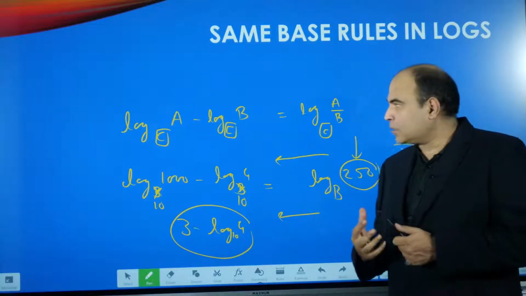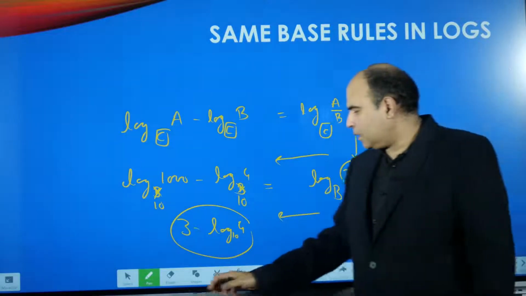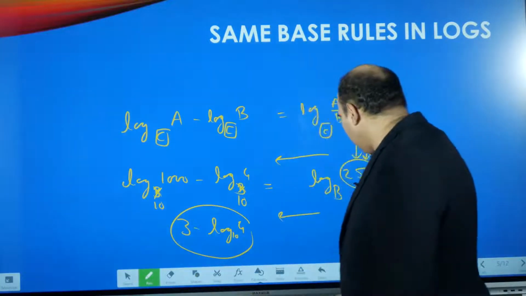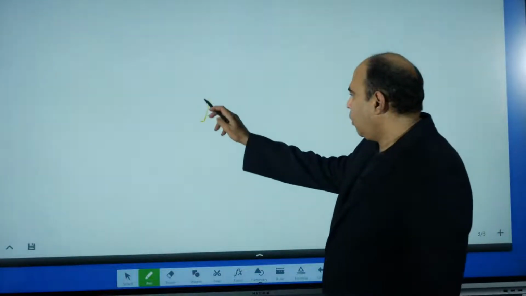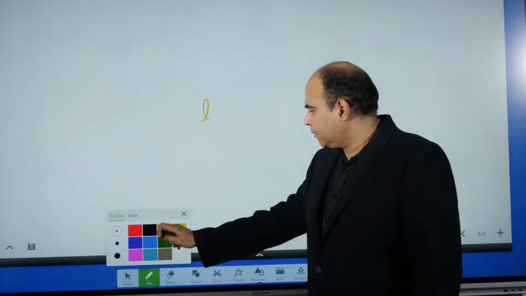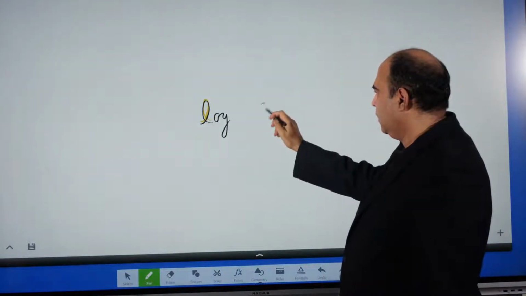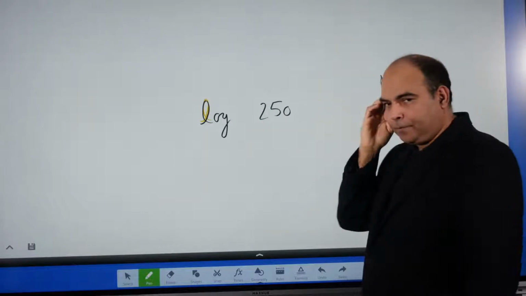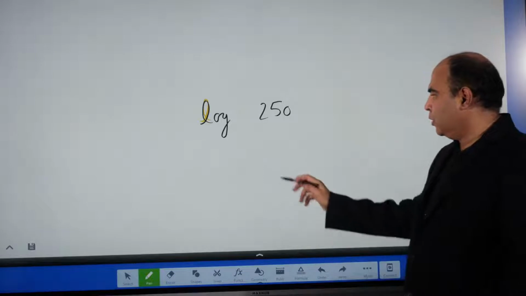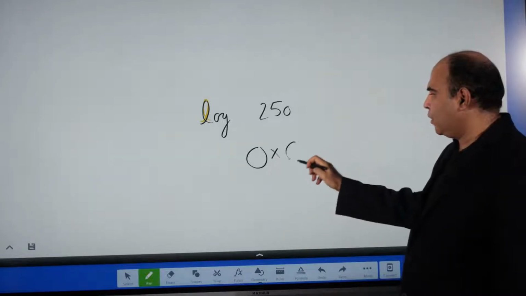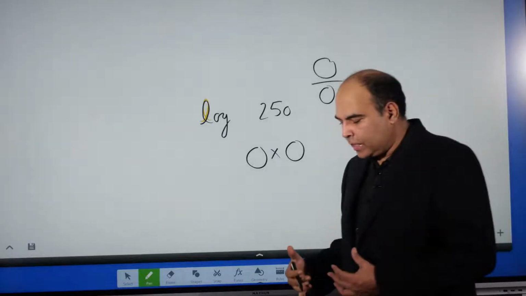This is a skill that you'll need to develop. When you see an expression like log 250, your mind has to go in both directions. Should I look at it as multiplication of two numbers, or as division of two numbers? What suits the current situation?